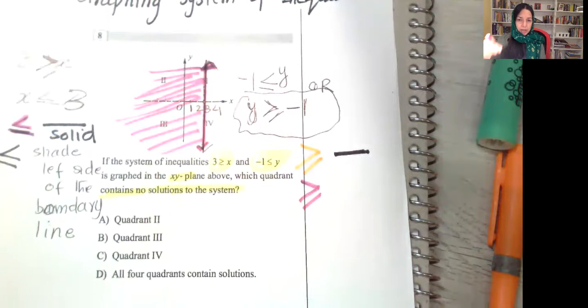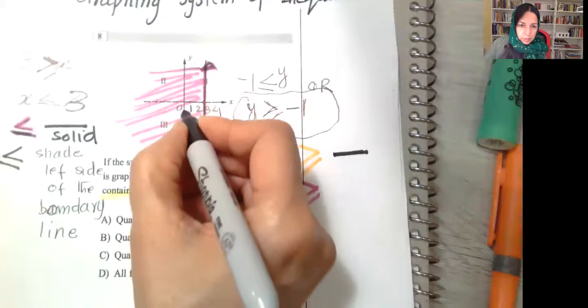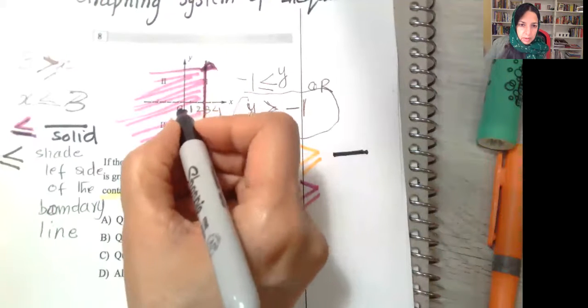You look for that number on the y-axis and draw a horizontal line going through that number. -1 on the y-axis is right here.